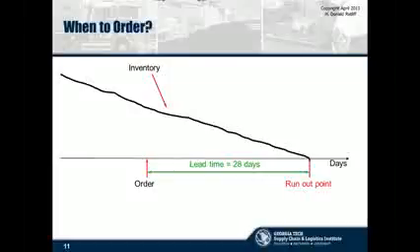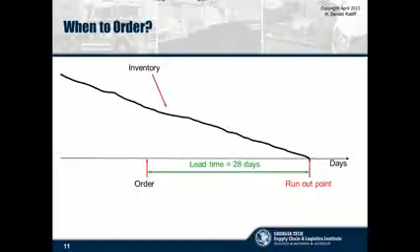And we do forecast demand, but from an inventory point of view, we don't actually care about the demand. What we care about is when we're going to run out of product. So what I really am doing is forecasting the run-out point. And the way I have to get there is forecast the demand and know how much inventory I've got, and then I can figure out when I'm going to run out.